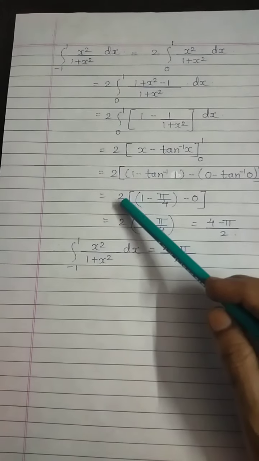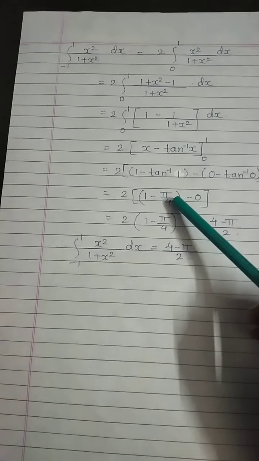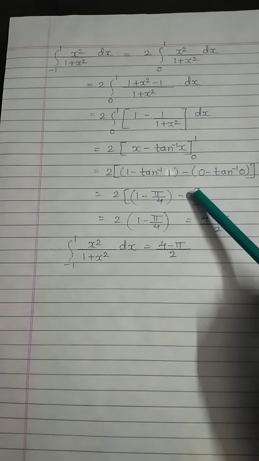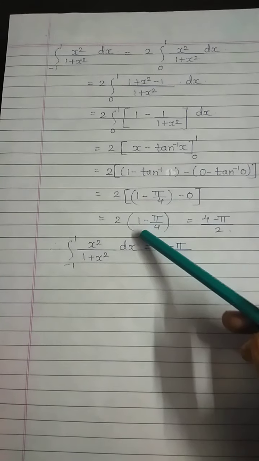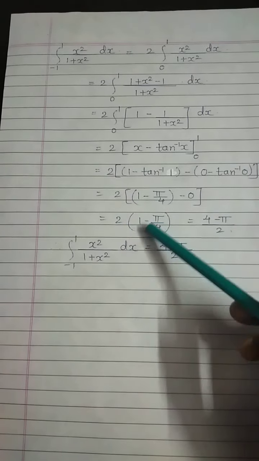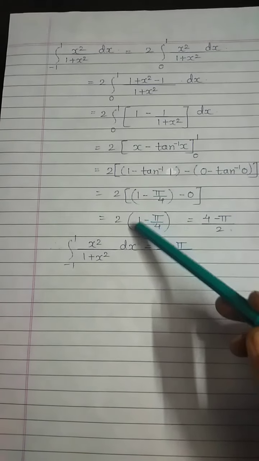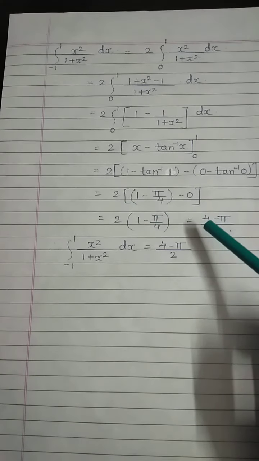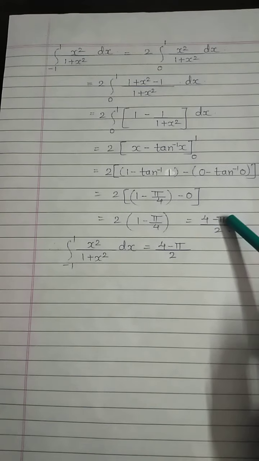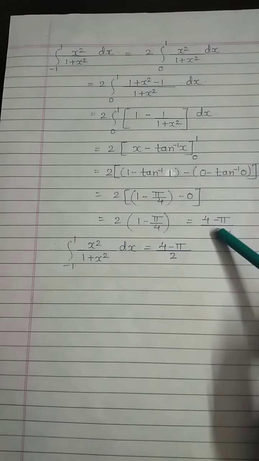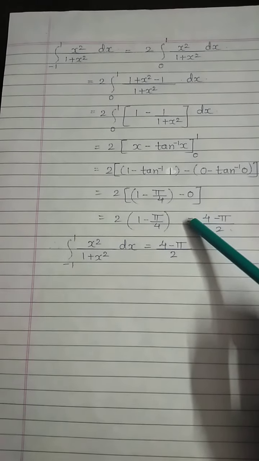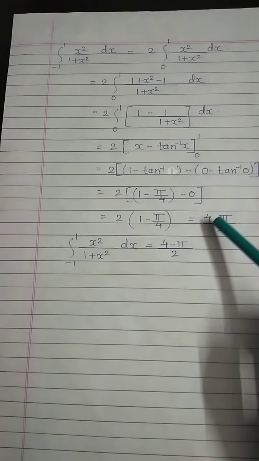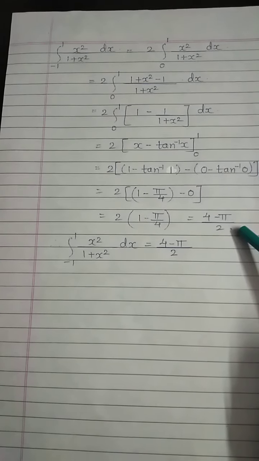So here we have 2 into 1 minus pi by 4, minus this term will be 0. So 2 into 1 minus pi by 4. Now cross multiplying, we will get 4 minus pi upon 4 and here 2. So after simplification we will get 4 minus pi upon 2.